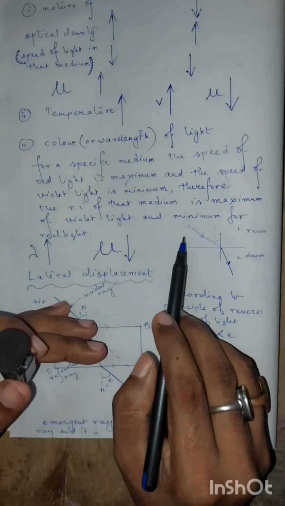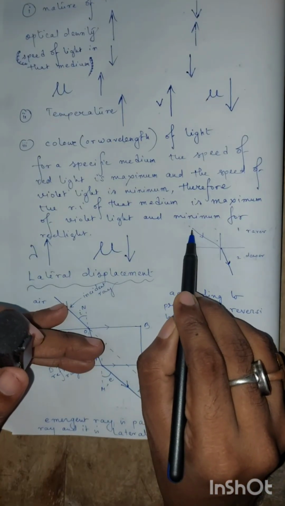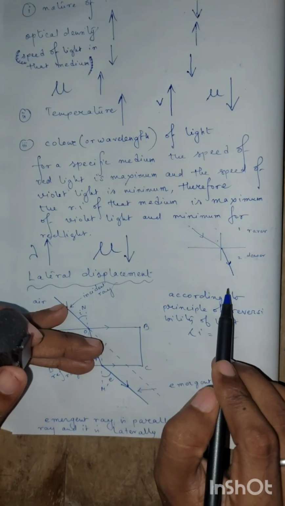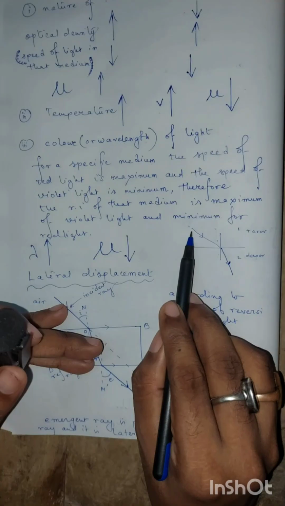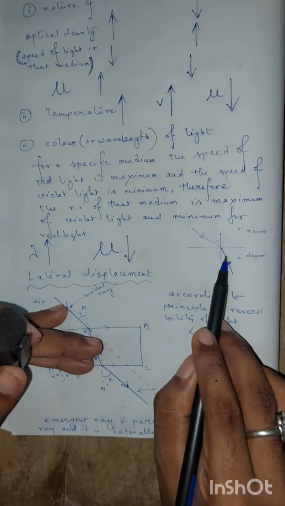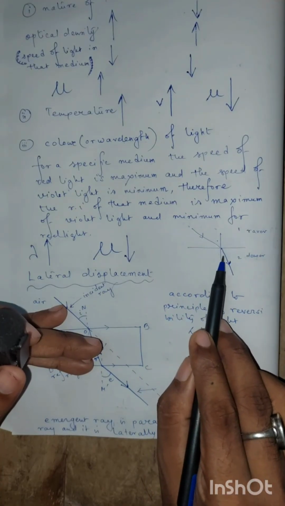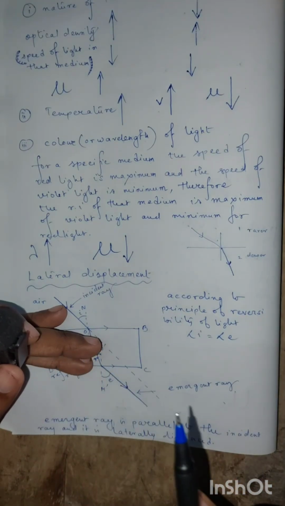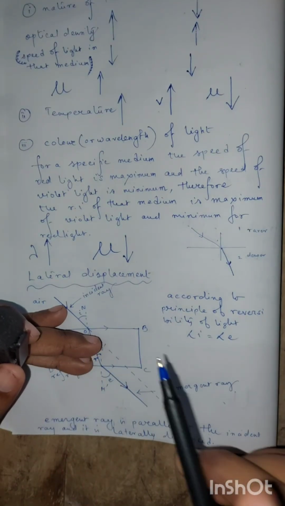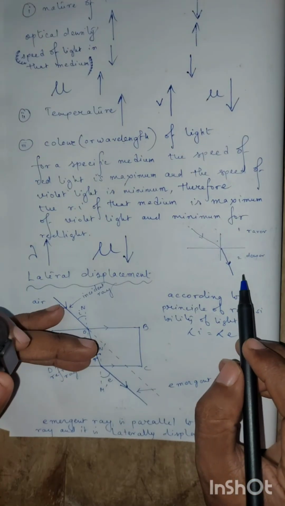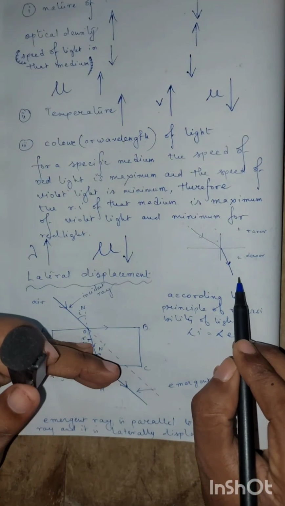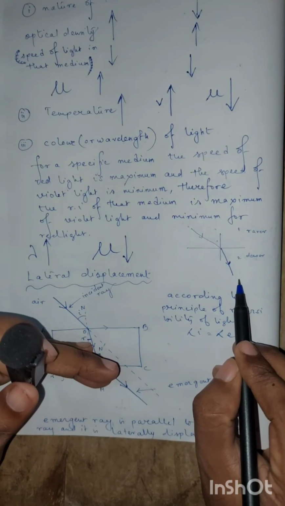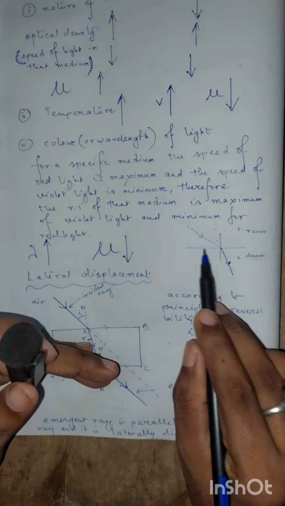That means if we send light from first to second medium, and if the light ray follows this path after refraction, the same path will be followed if we now send the light ray from second medium to the first medium in opposite direction.